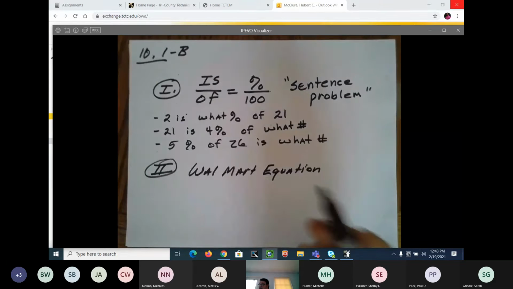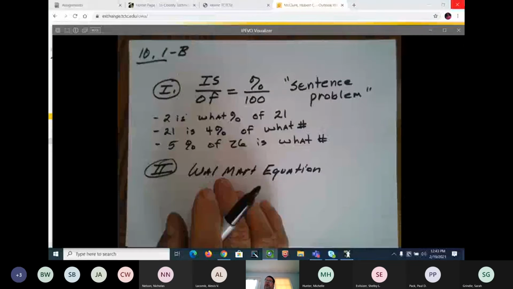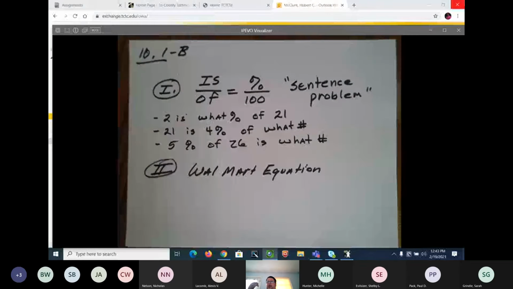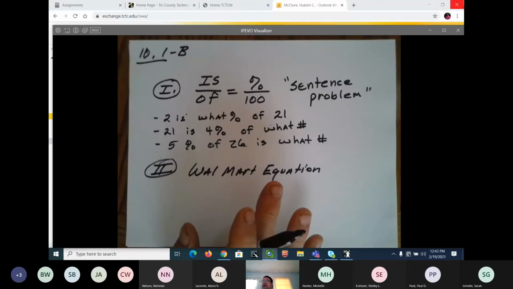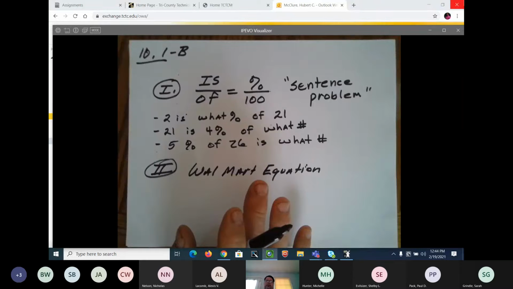The Walmart equation: you ever walked into a grocery store or store? Miss Grindle, I know that you've been in the military, so you're above 18, which means you've probably been in a store and you've only had $10 in your pocket before.